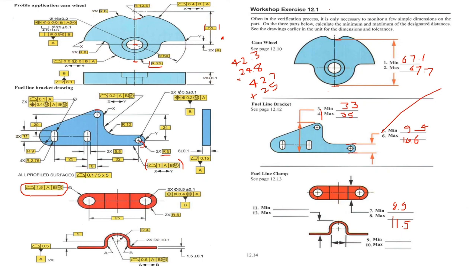So 4 minus 0.25 for this side and 4 minus 0.25 for this side. So this total will give us 7.5 minimum. Just here, 7.5 is minimum.